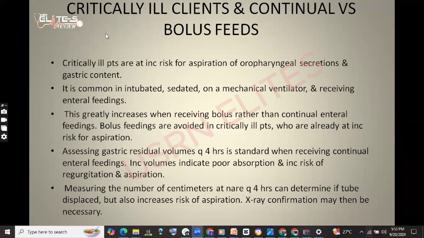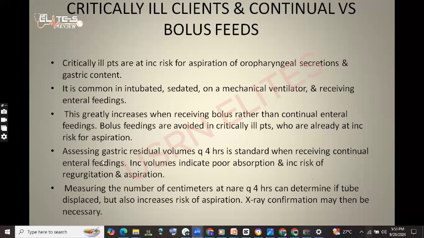So it's very, very important to take care of the patient's nutritional needs. If a patient has an increased risk for aspiration, we cannot say the patient should not eat at all. But at least what we can do to help is to put the patient on continual enteral feeds, and that will help reduce the risk of aspiration.